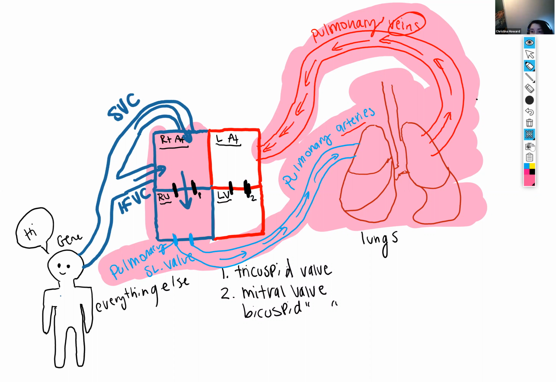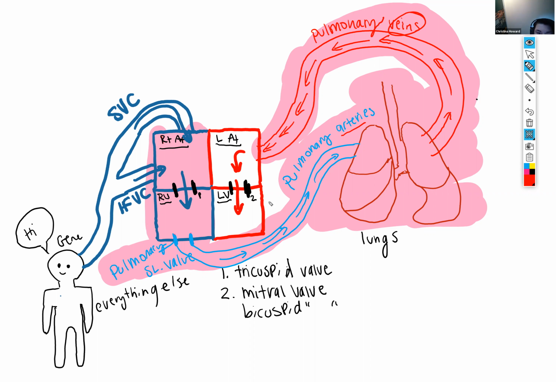So after that, we've got blood, oops. Thank goodness for undo button. There we go. So blood's gonna go through the mitral valve and then out. And now I've run out of room. So we have a conundrum here.